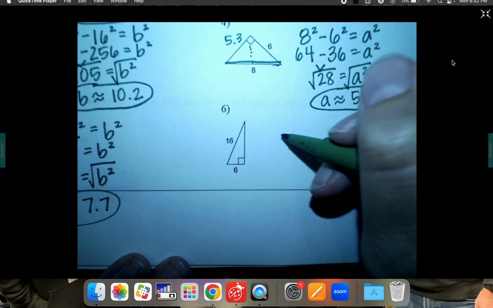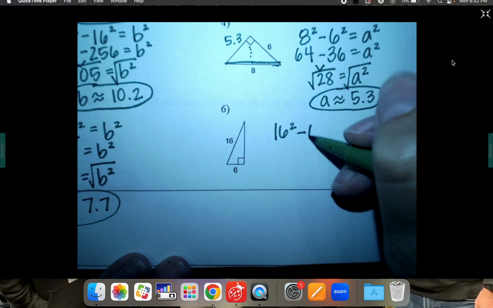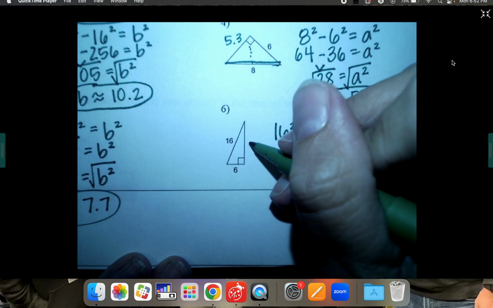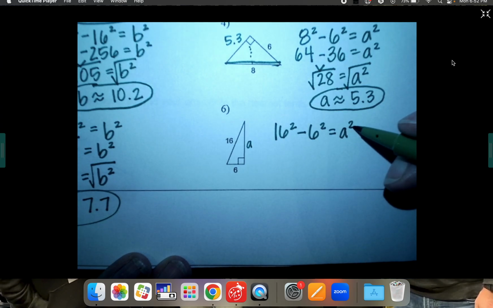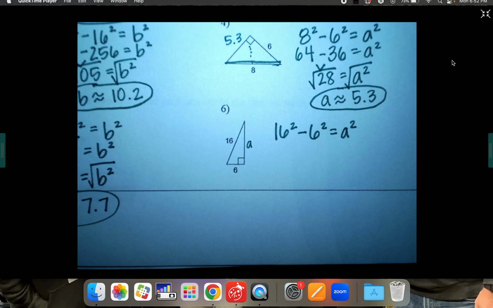Our longest hypotenuse side is 16, so we're going to do 16 squared. We're going to subtract the leg, and that's going to equal, we'll call this side a squared. All right, 16 squared, I feel like we did that just a second ago, and now I can't find where it's at.